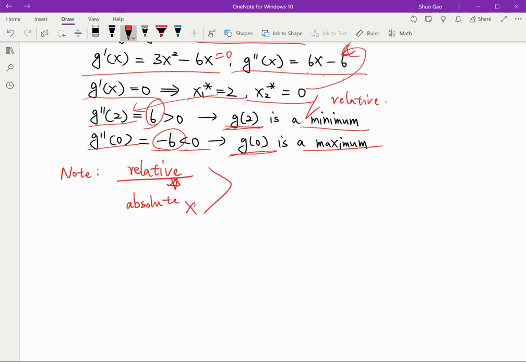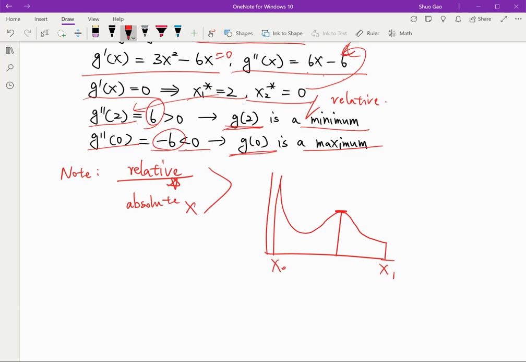The difference between these two is that, for example, I think we talked about this before. For a function like this, here we have a relative maximum right here, based on whatever test you make. But in the range of x from x0 to x1, it's not the absolute maximum.